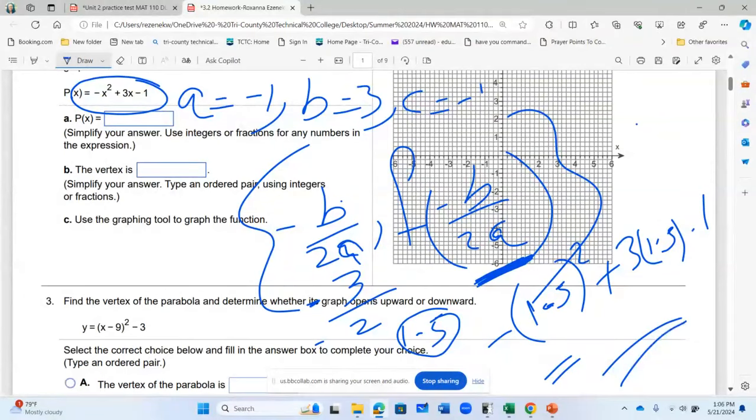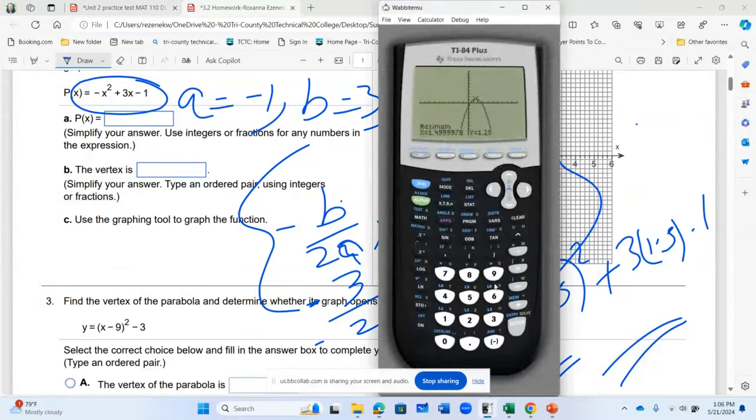Or you can actually put it in your calculator because this function is already in y1. I'm going to clear this. Okay, so I want to ask my calculator to give me the value, so I'm going to second quote.